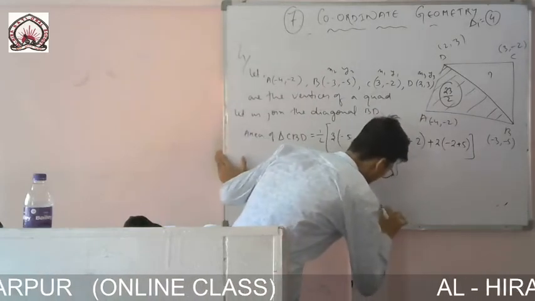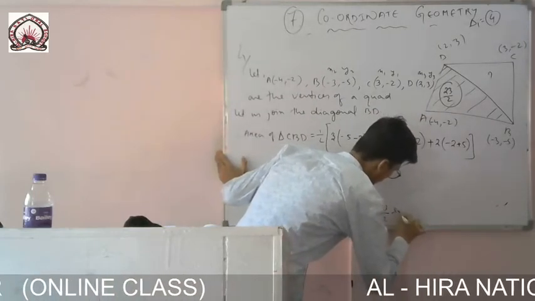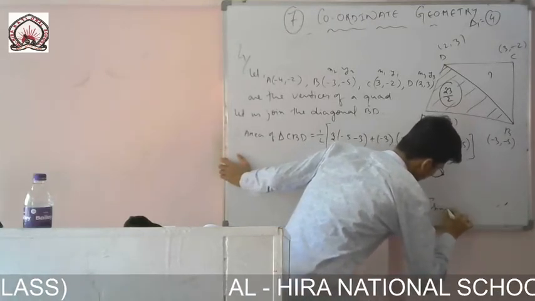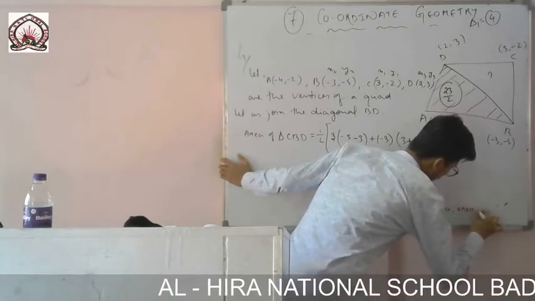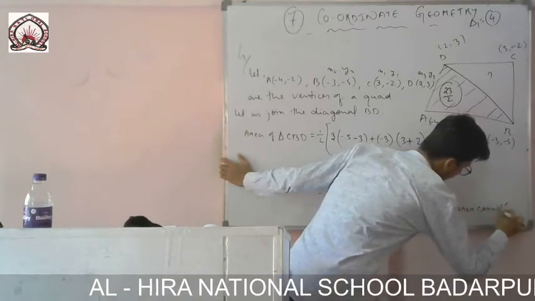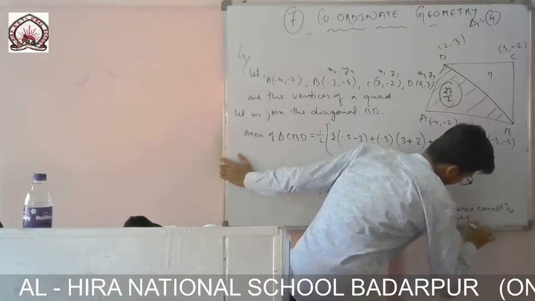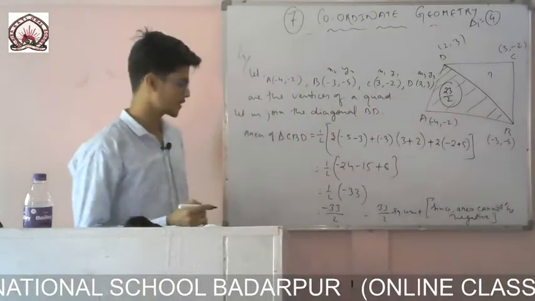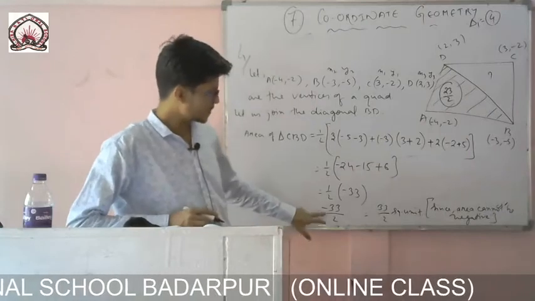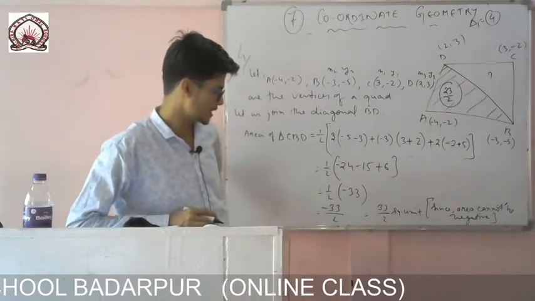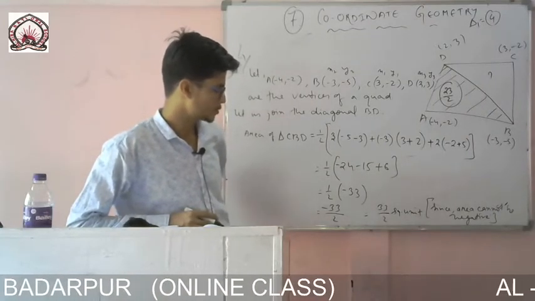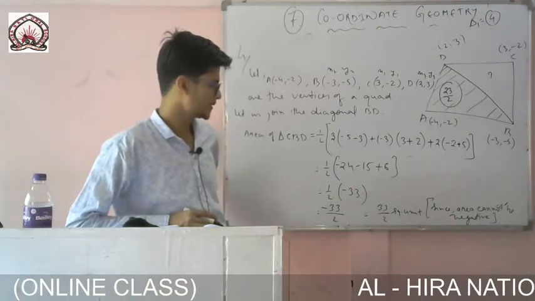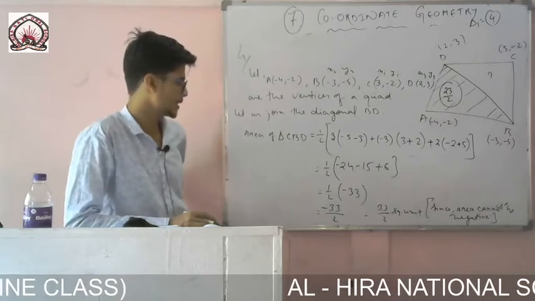In the next line you write 33 by 2 square unit, and in bracket you write since area cannot be negative. Okay.